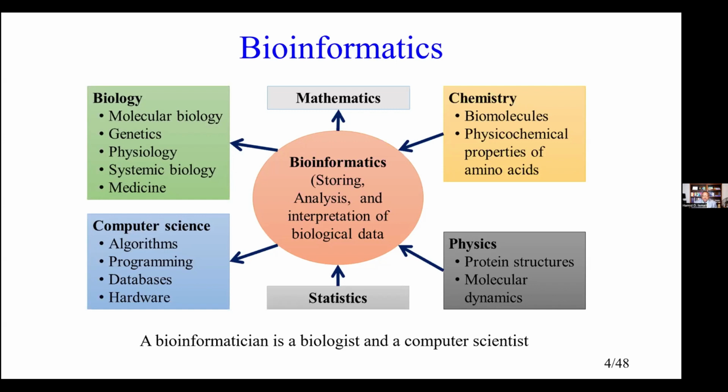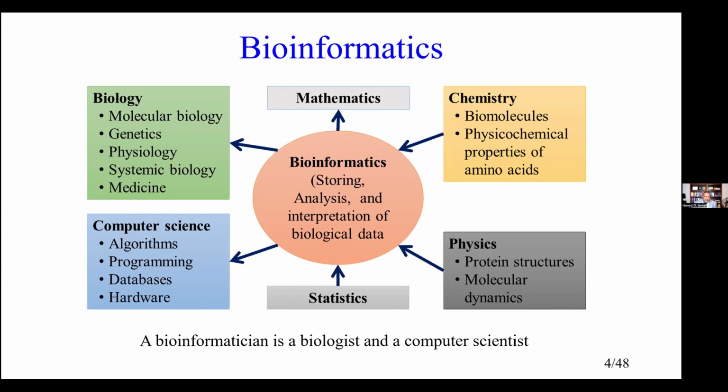So, of course, the central field is biology because we are getting these data from biology, and specifically we are focusing on the biomolecules. Biomolecules, that means the DNA, RNA, and proteins, because those are the main or primary molecules that we are depending on in bioinformatics.